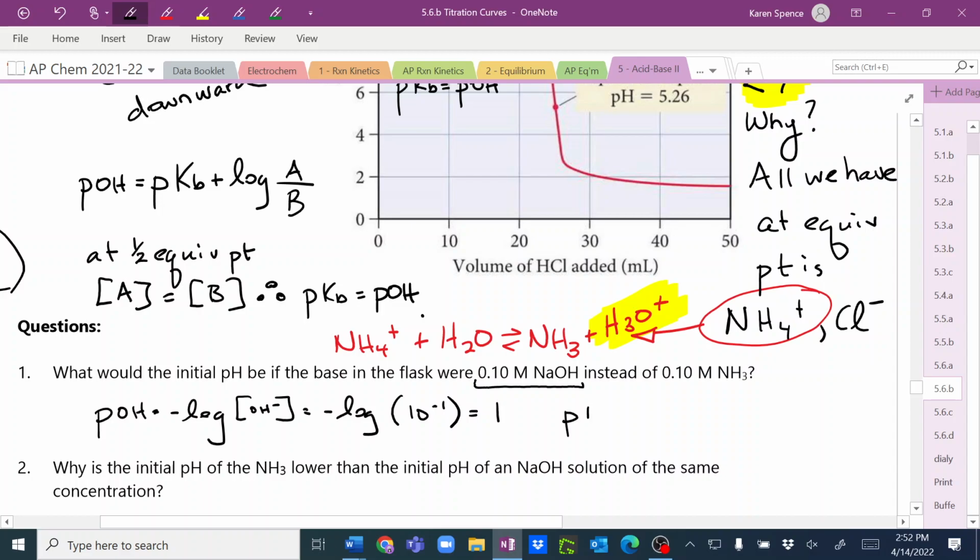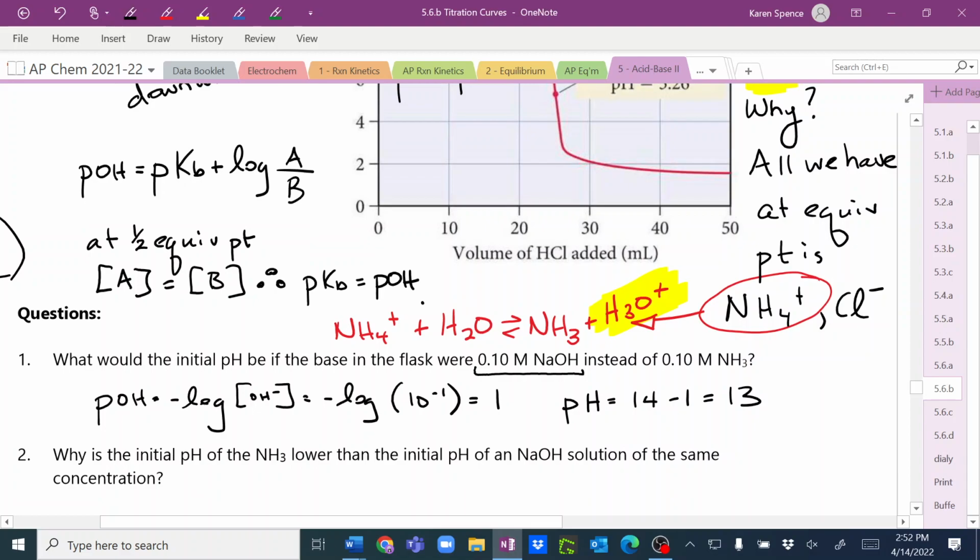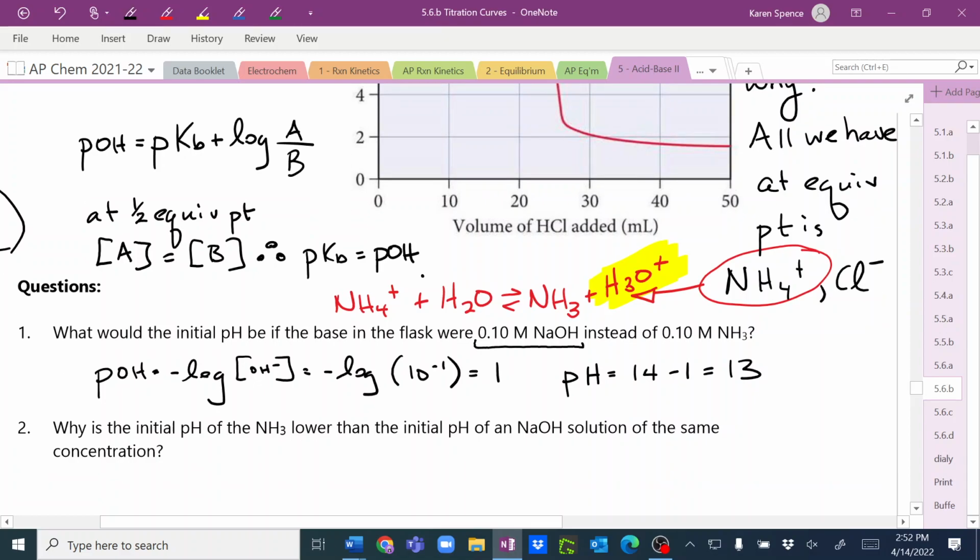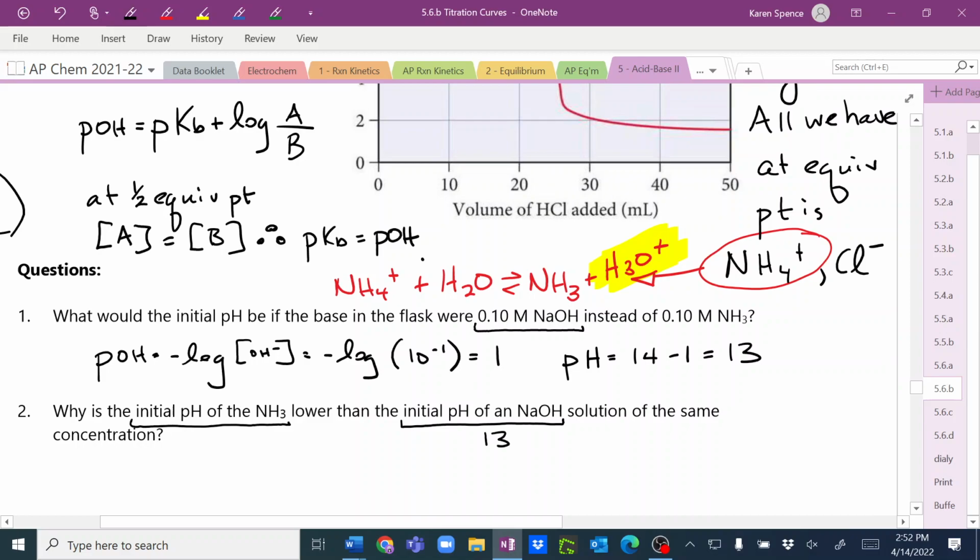And so our pH would be 14 minus 1, which is 13. So the initial pH of NaOH is 13, and the initial pH of the NH3 was 11.12.